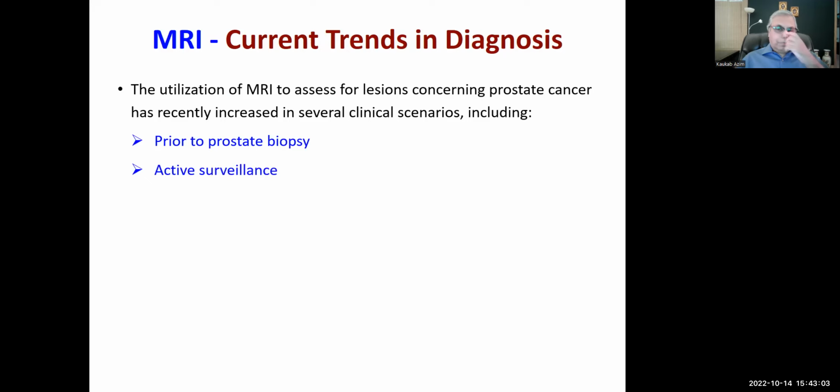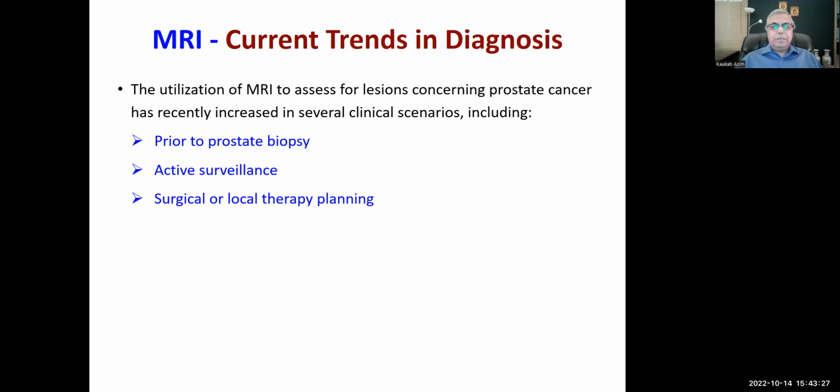And then active surveillance. Active surveillance means that you have a high suspicion of prostate cancer, but you don't start the treatment for prostate cancer. What you do is follow up the patient and keep on doing surveillance, which includes MRI, and that sometimes also includes repeated prostate biopsies.